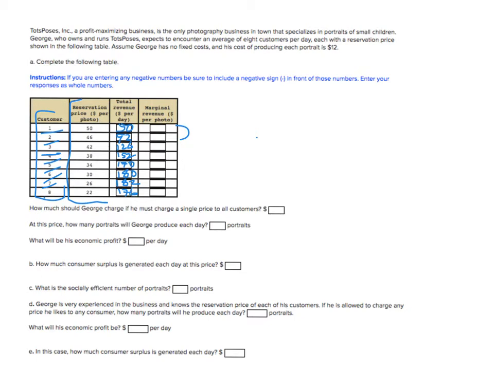And then marginal revenue is the change in total revenue divided by the change in quantity. And here we have the change in quantity is always 1, so I can just calculate marginal revenue by looking at the change in total revenue. That first box should just be left blank. I guess we go from 0 to 1. Marginal revenue is 50. We don't need the 0 at price 54.